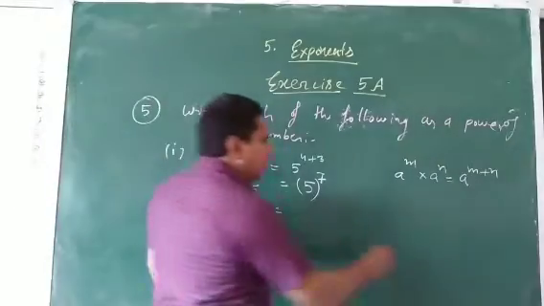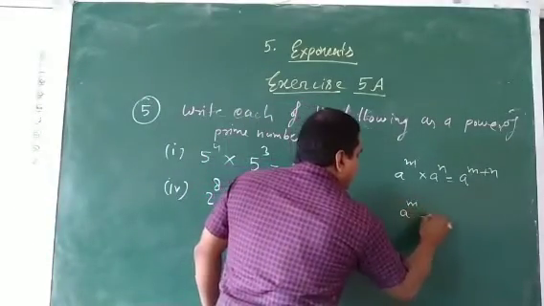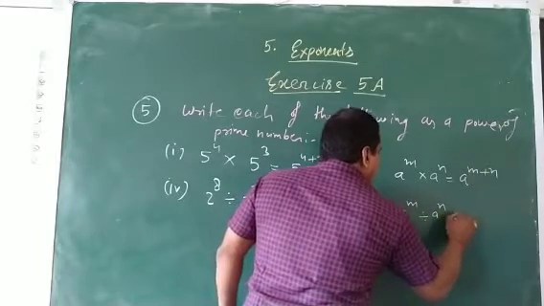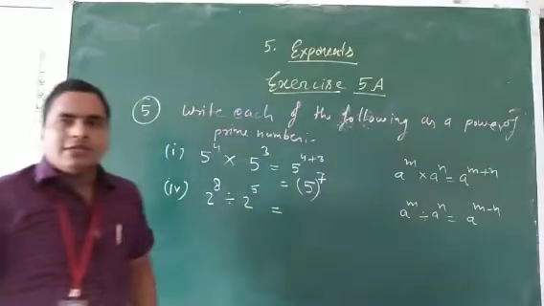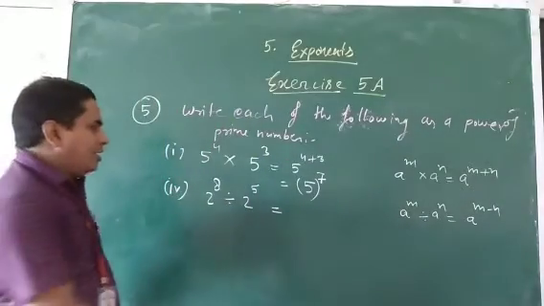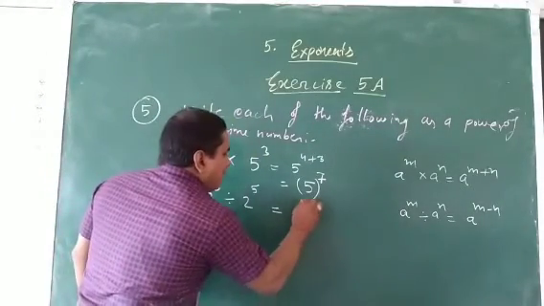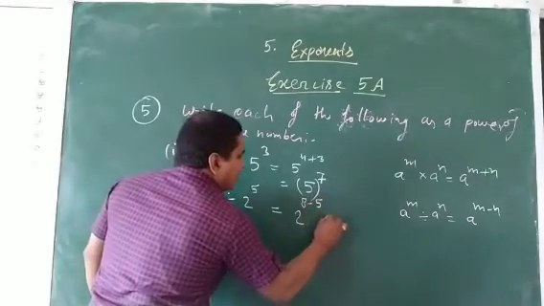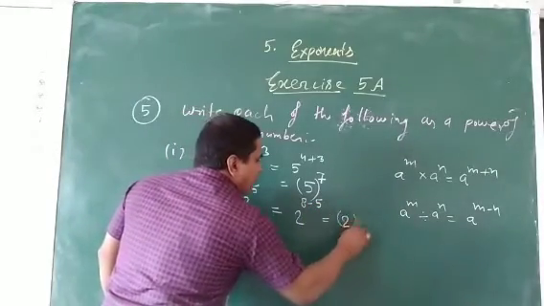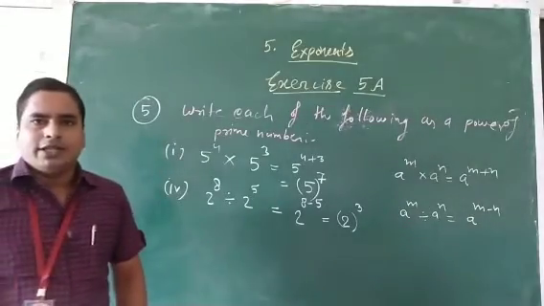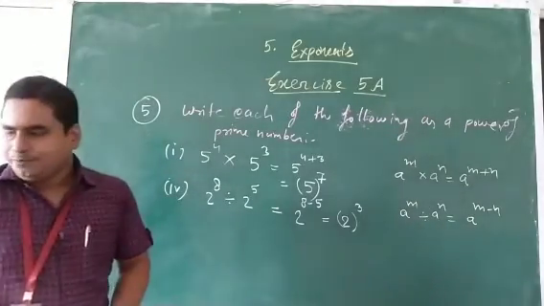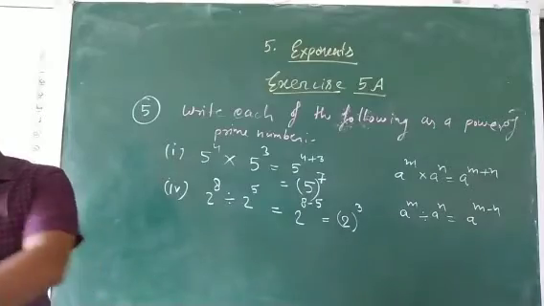So use this rule: a to the power m divided by a to the power n is equal to a to the power m minus n. Okay, so apply here 2 to the power 8 minus 5. You will get 2 to the power 3.